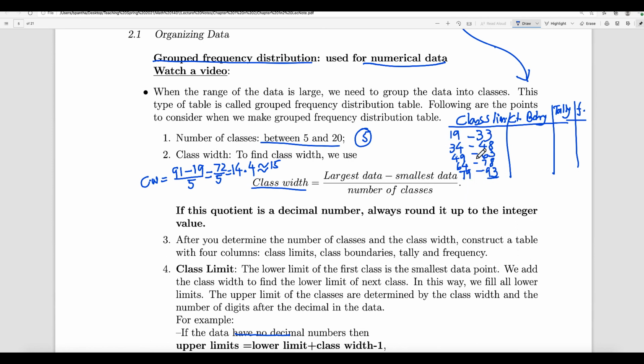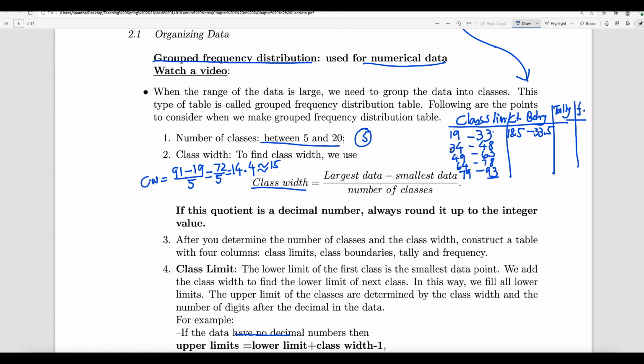So to find out the class boundary, we add 0.5 to the upper limit and subtract 0.5 from the lower limit. So the class boundary will look like 18.5 through 33.5. Look at that. We add 0.5 on all upper limits and subtract 0.5 from the lower limits.